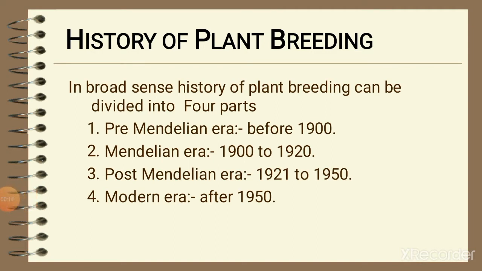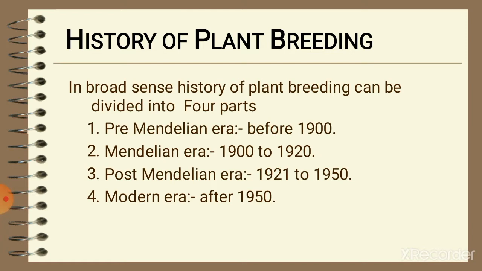Several significant contributions have been made in plant breeding by various workers from time to time. In a broad sense, the history of plant breeding can be divided into four parts. First, the pre-Mendelian era, before 1900. Second, the Mendelian era, from 1900 to 1920.